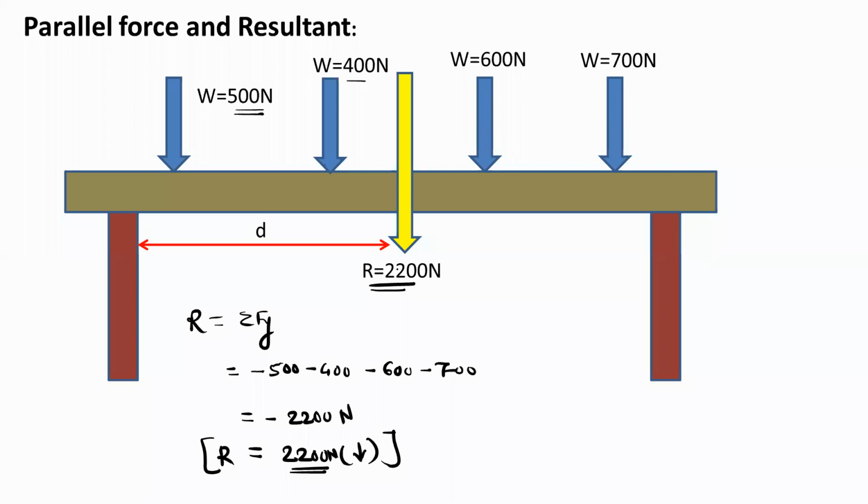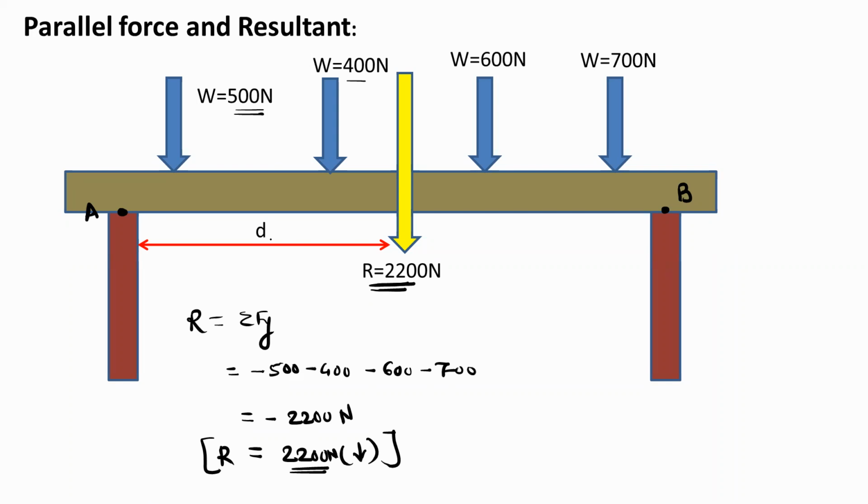Now in case of parallel force system, we have to find the location of the resultant with respect to a given point in the system. Suppose we have two supports. Suppose this is point A of support 1, and this is point B. Suppose we want to find the distance of this resultant with respect to point A. This distance we can find by using Varignon's theorem.